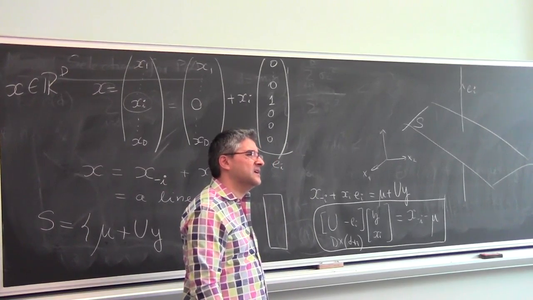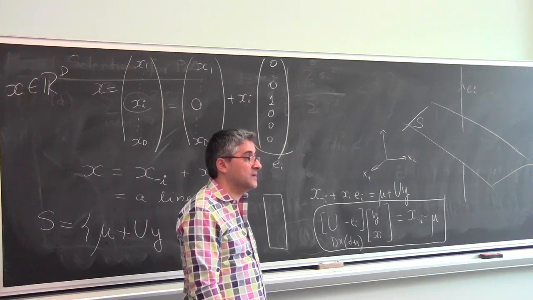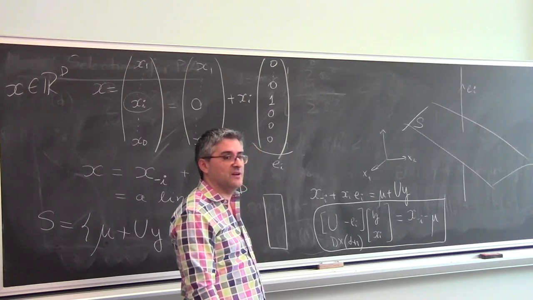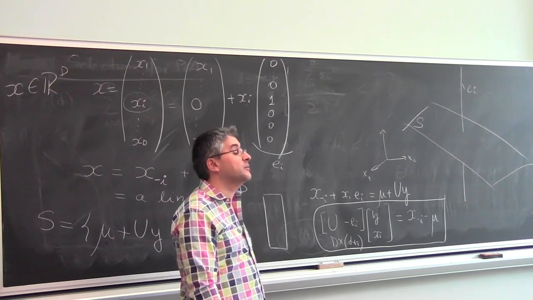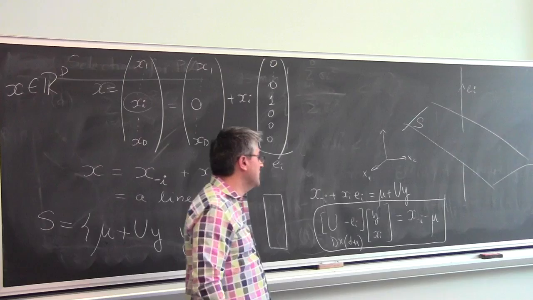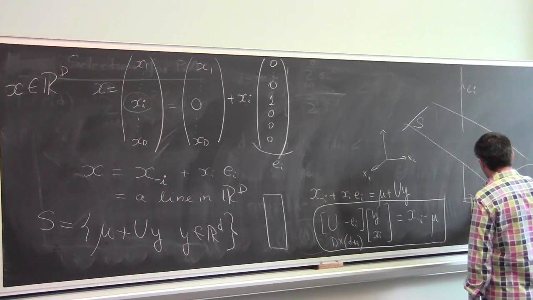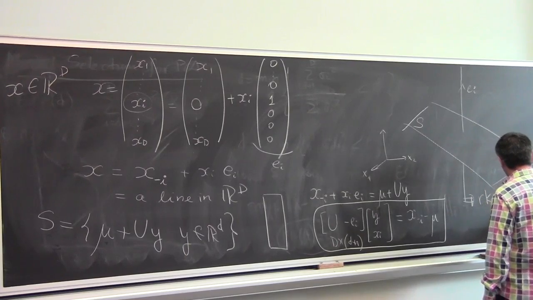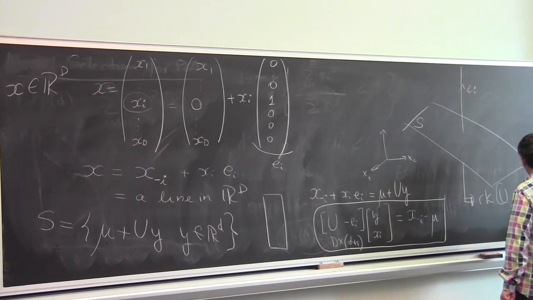Does it mean that A is invertible? It cannot be invertible because it's not square. So the rank needs to be at least d plus 1. So we need the rank of [U, minus e sub i] to be d plus 1.